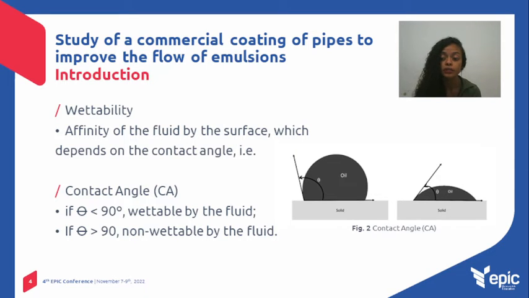This information is obtained by measuring the contact angle. If the contact angle is less than 90 degrees, the surface is considered wettable by the fluid, and if the contact angle is greater than 90 degrees, the surface is not wettable by the fluid.